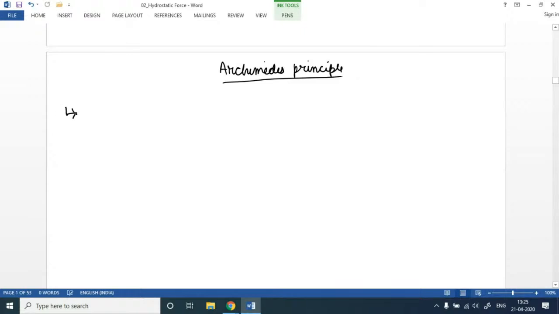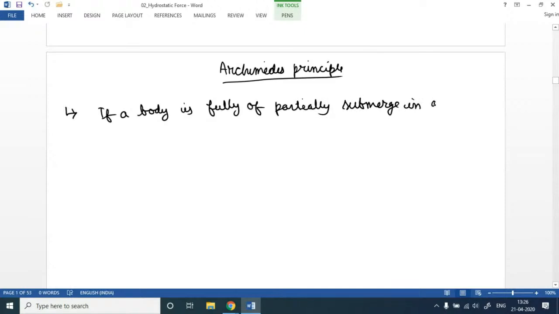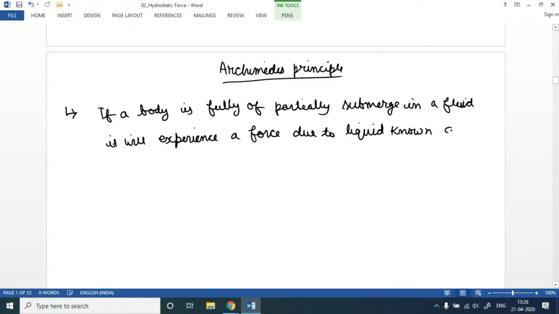So the statement simply says that if a body is fully or partially submerged in a fluid, it will experience a force due to liquid known as buoyancy.